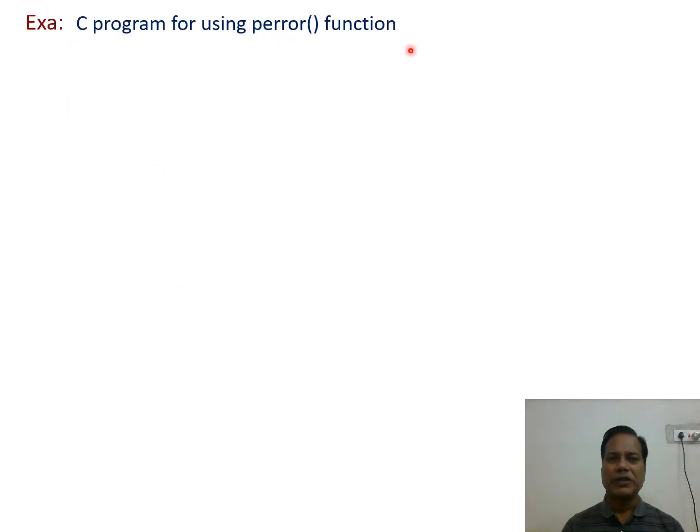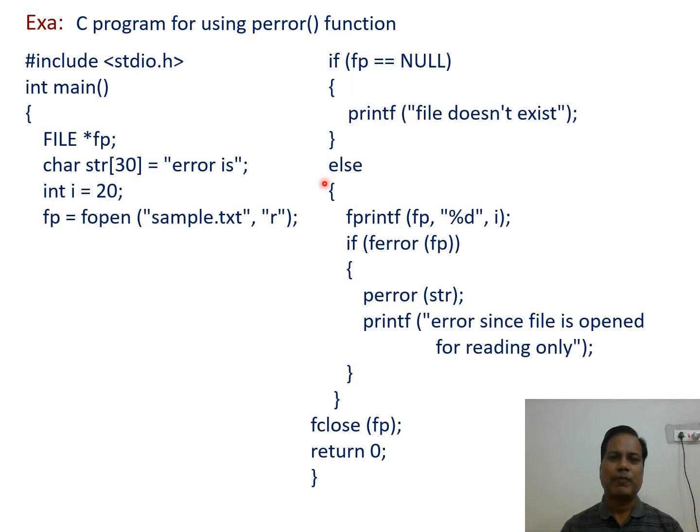Now let us discuss an example program using the perror function. An example program may be like this one. The first statement of the main function declares the file pointer fp. The second statement declares the character type array str, and in this array "error is" is stored.